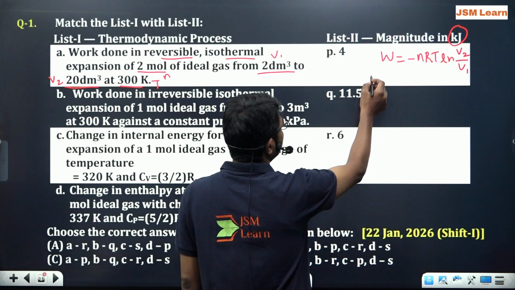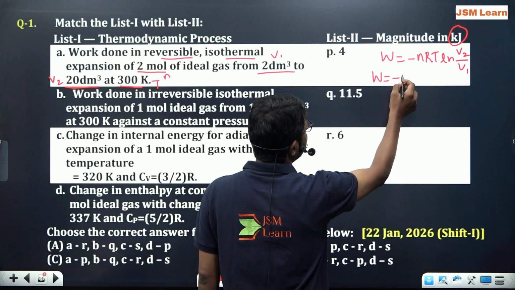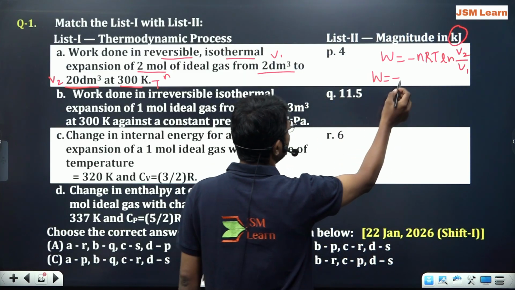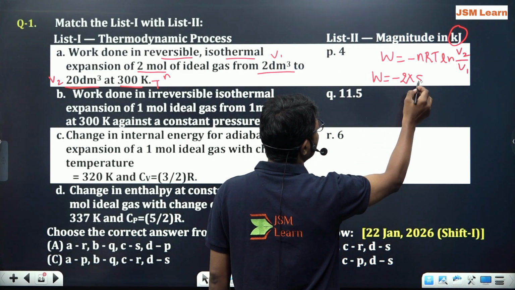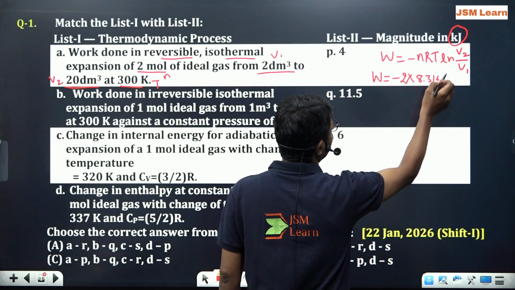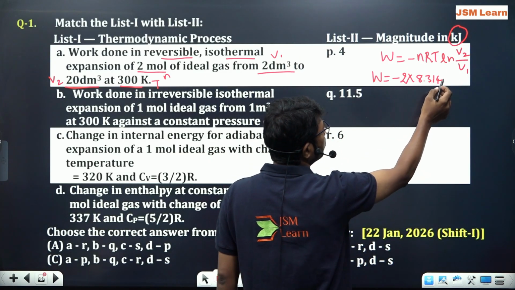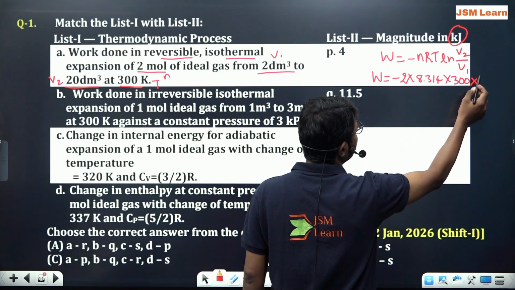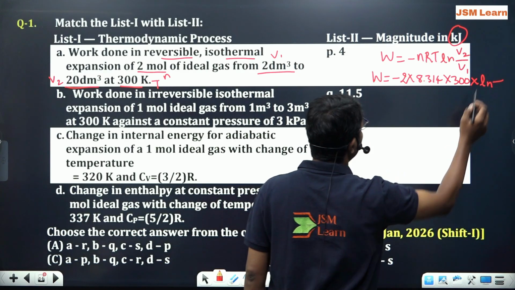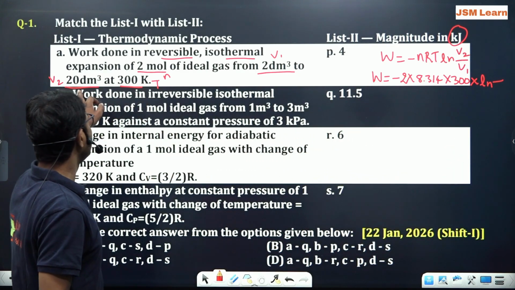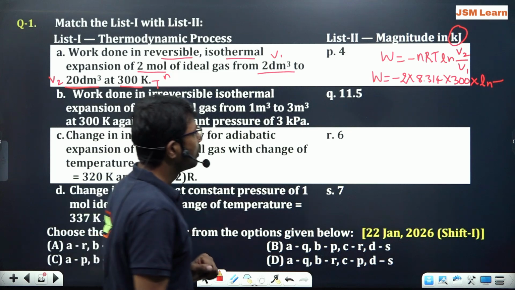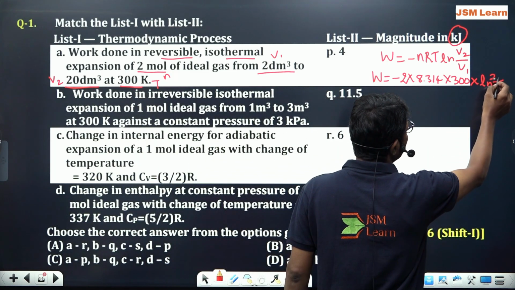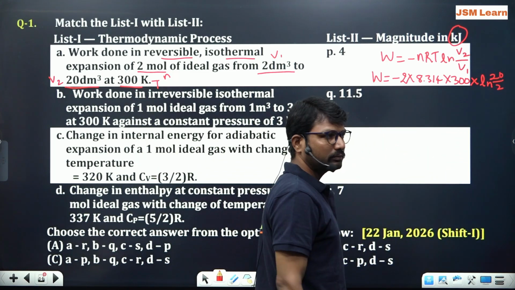Let us see, W is equals to minus N value is what? Number of moles 2 they have given. R value 8.314, because in kilojoules they are asking, multiplied by temperature 300, multiplied by ln V2 upon V1. V2 is 20 decimeter cube and V1 is 2 decimeter cube, so that means 20 upon 2.